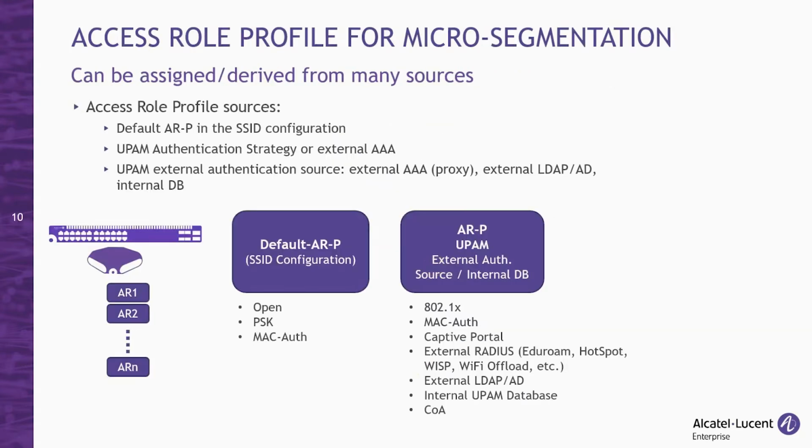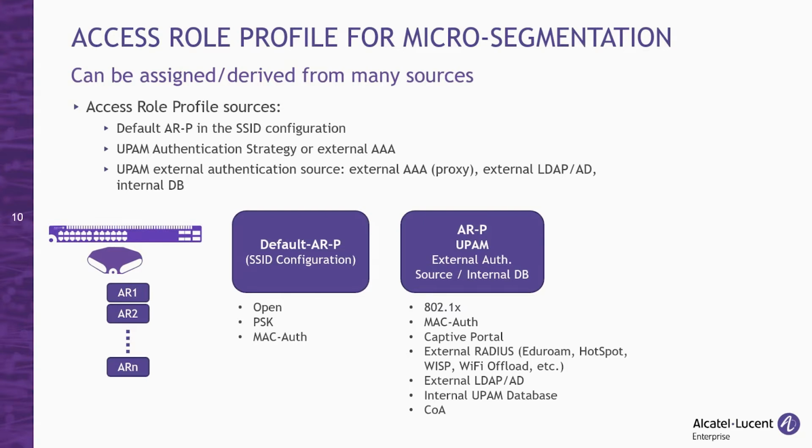There are different ways to assign access role profiles, such as 802.1X through classification rules, by default, RADIUS change of authorization, or even manually. Here I'm illustrating the precedence from the basic to the most advanced access role profile assignment. The basic one will be via its default, via pre-shared key or MAC authentication.